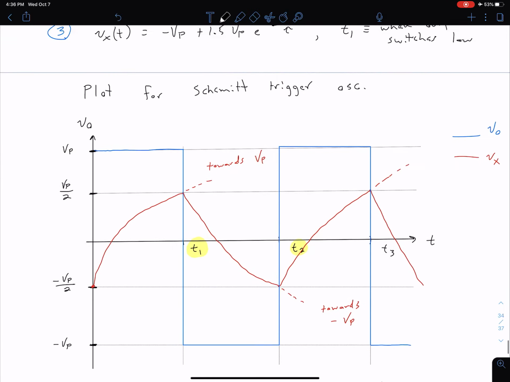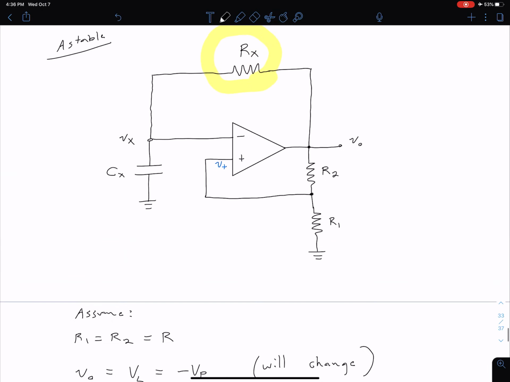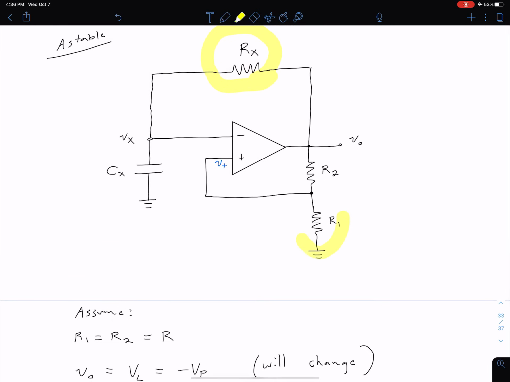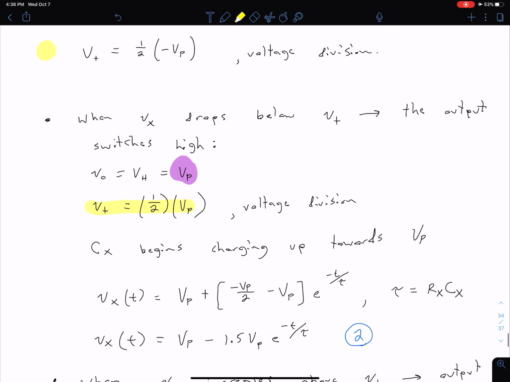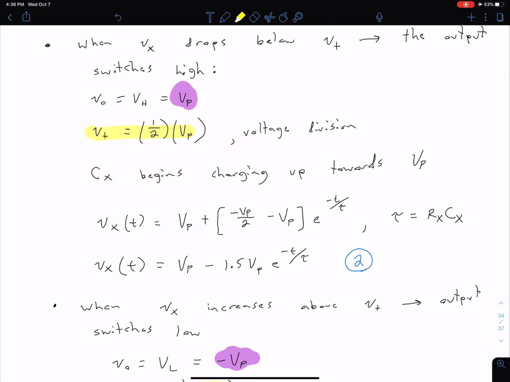So what we can see is ultimately changing values of our R1 and R2 right here is going to change this voltage division equation. So we had our voltage division here where we found our V plus with a low output, and we have our voltage division here where we find our V plus using our high output. And so with the two values being equal, we have 1/2 Vp.